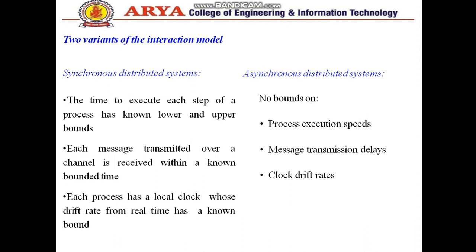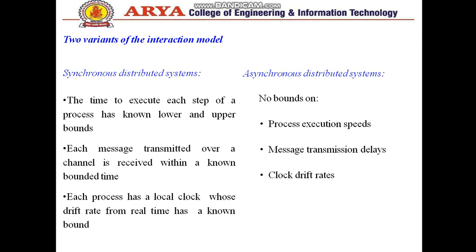As the name suggests, synchronous means the different distributed nodes are synchronized by a clock, or they are bound together by timings. Asynchronous means they are free. So in a synchronous distributed system, the time to execute each step of a process has known lower and upper bounds. So the bounds are fixed.